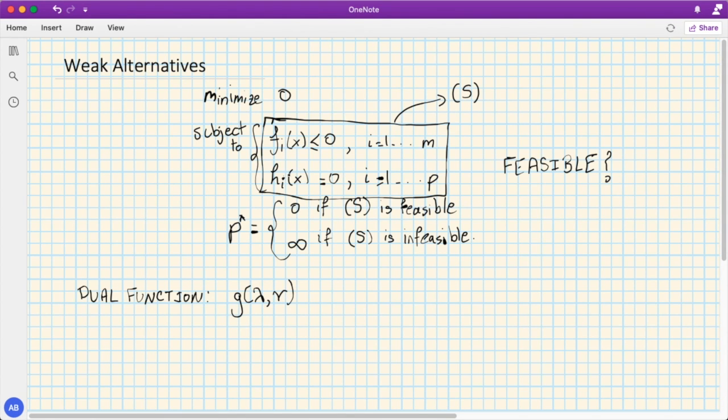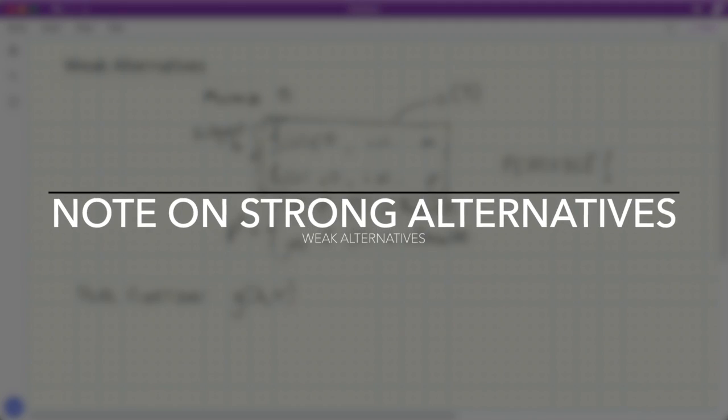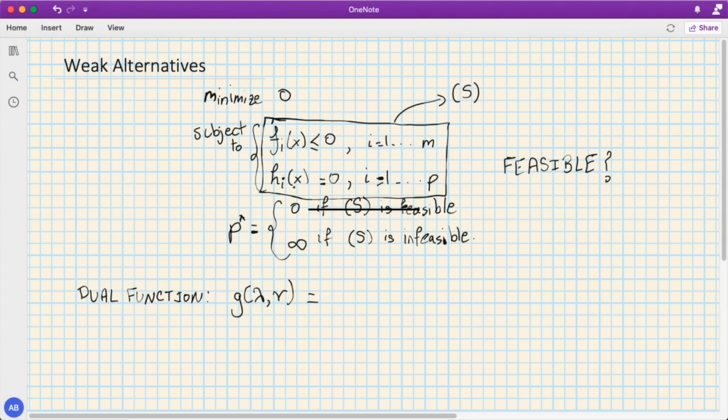Oh, and by the way, before I continue, we didn't make any assumption on the fi's and hi's, okay? We're just assuming that their domains are non-empty. We didn't say that fi is convex, hi's are affine, nothing about that, okay? Actually, we'll see this in the next lecture where we'll be dealing with strong alternatives.